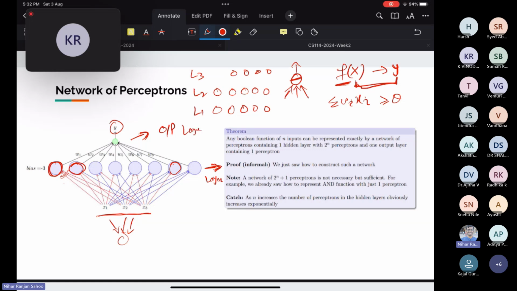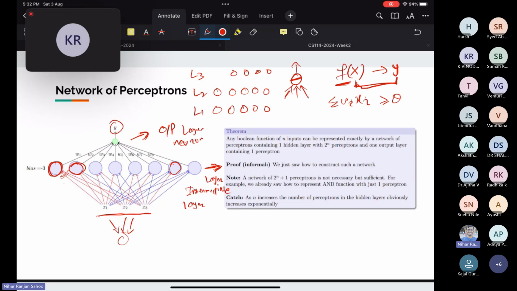Output layer neuron. These neurons can be called intermediate layer neurons. What we have studied till now can be mapped to the output layer neuron.